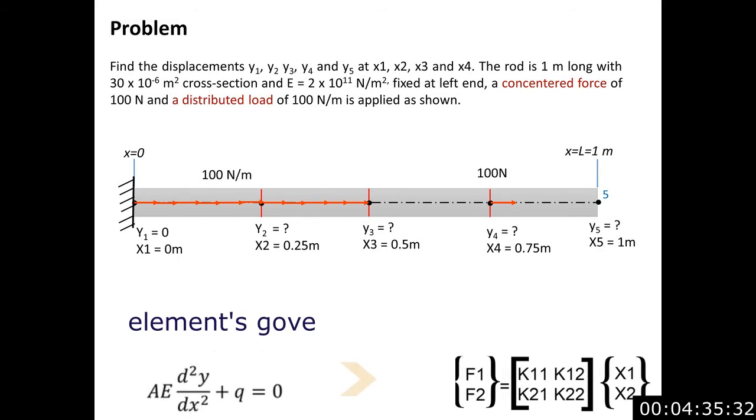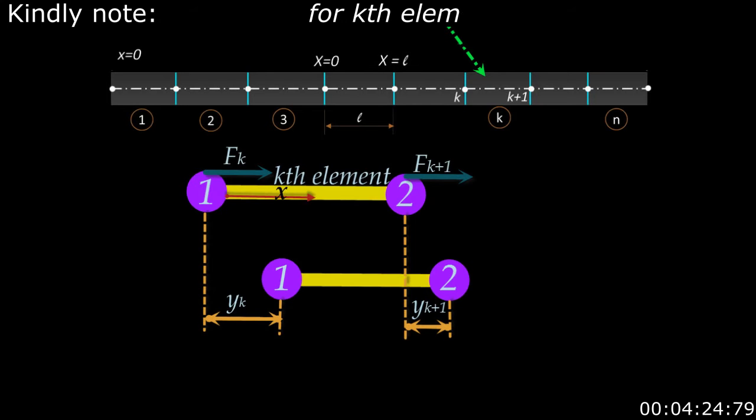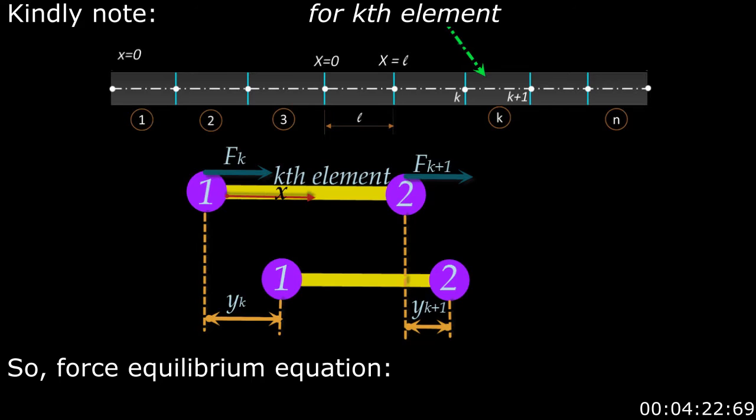The various FEM methods transform the elemental governing equation into an equation of the form F equals Kx. We redefine the equation according to the variables of our problem. We have taken y to be the nodal displacement and x to be the position along the length.